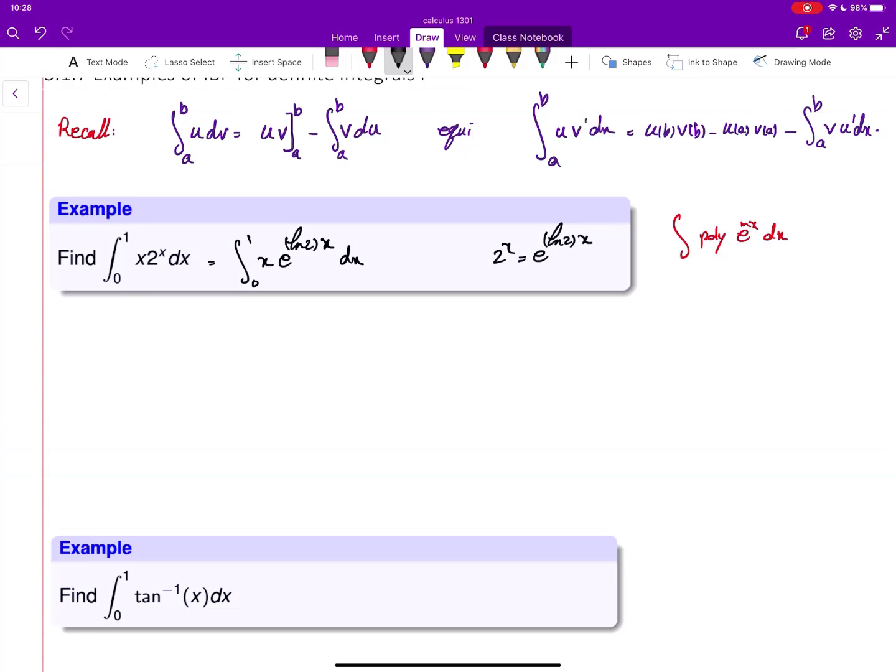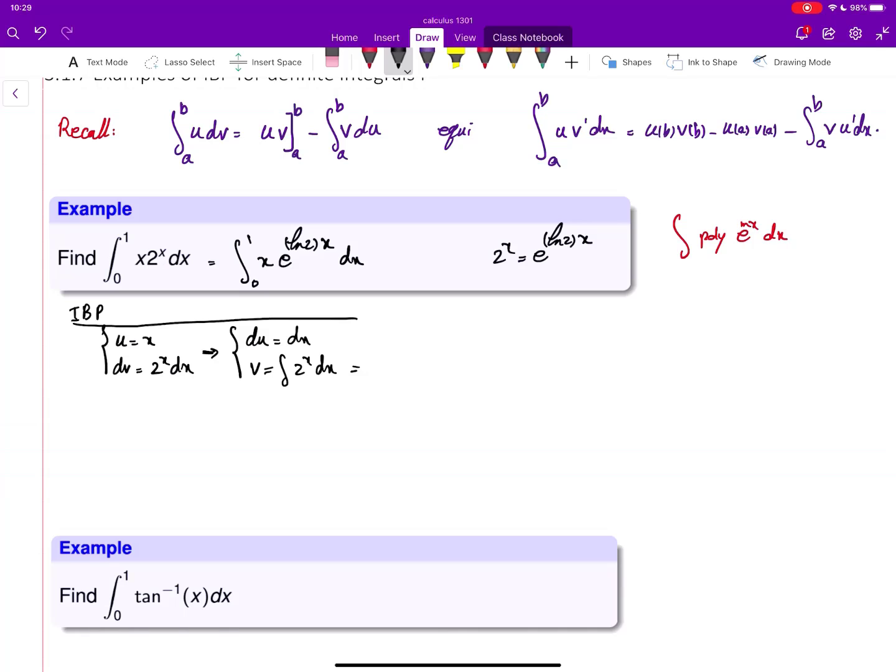That's one way to go, but in this video I will go the straightforward way. For my integration by parts, I will take u to be x and dv to be 2 to the power x dx. Then du is just 1 times dx, and v is the integral of 2 to the power x dx.